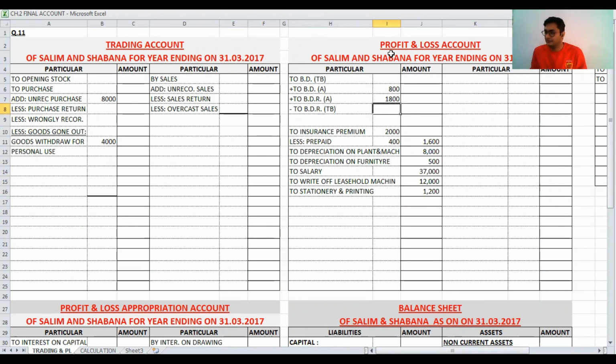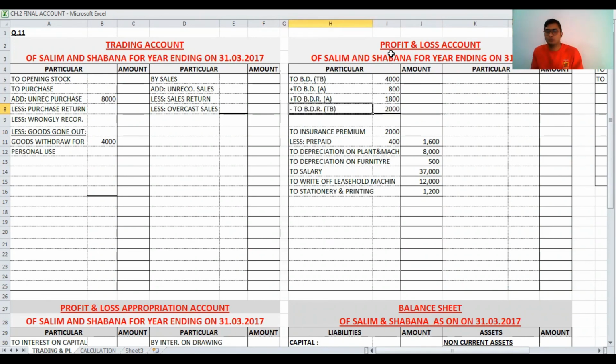Then after, bad debts reserve in trial balance, bad debts reserve given for 400 and 2,000. So now bad debts amount is 400 in trial balance, and bad debt reserve amounting to 2,000 as per trial balance.